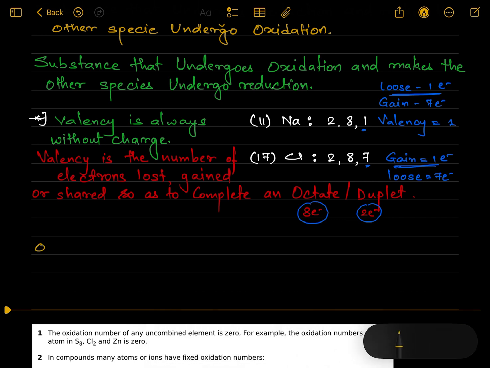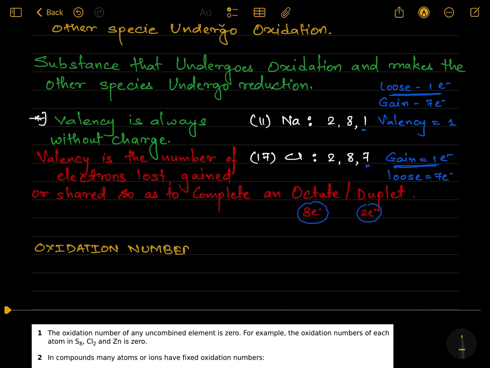So over here, what I would say is, oxidation number is nothing but the charge gained by an atom due to loss or gain of electrons.